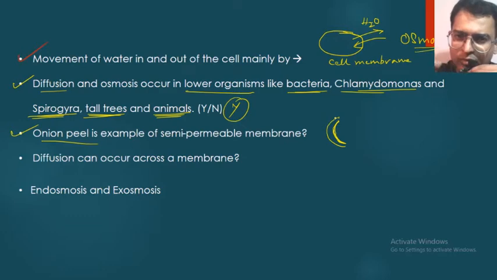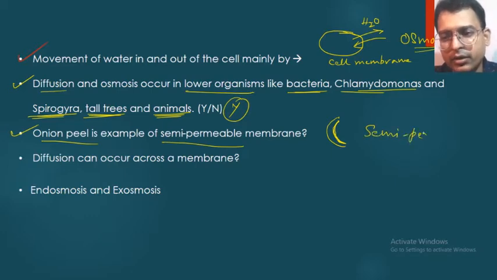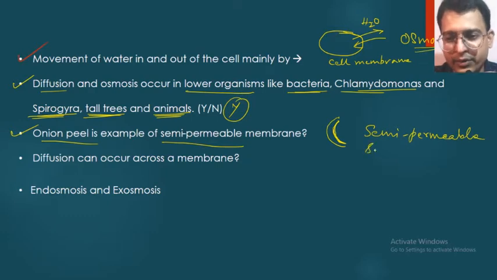If you pull it out, you will get a small transparent film. Is it semi-permeable? It is a semi-permeable membrane. It is a biological membrane, and biological membranes are all semi-permeable. We also say that they are selectively permeable.